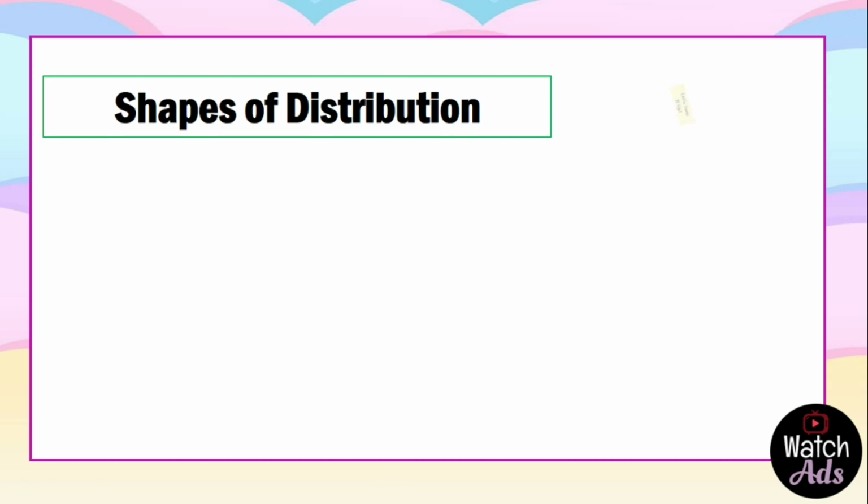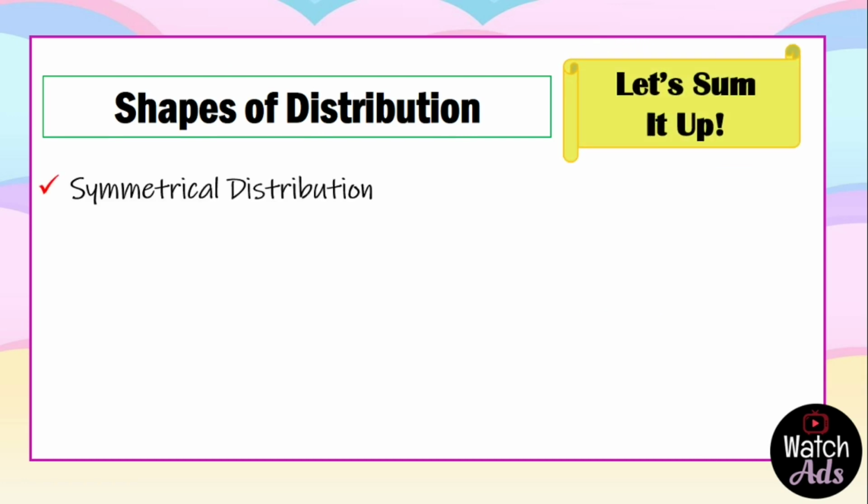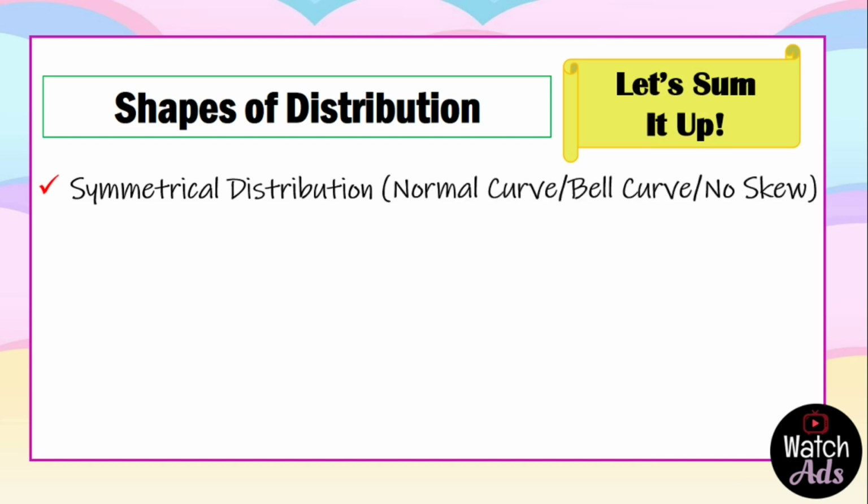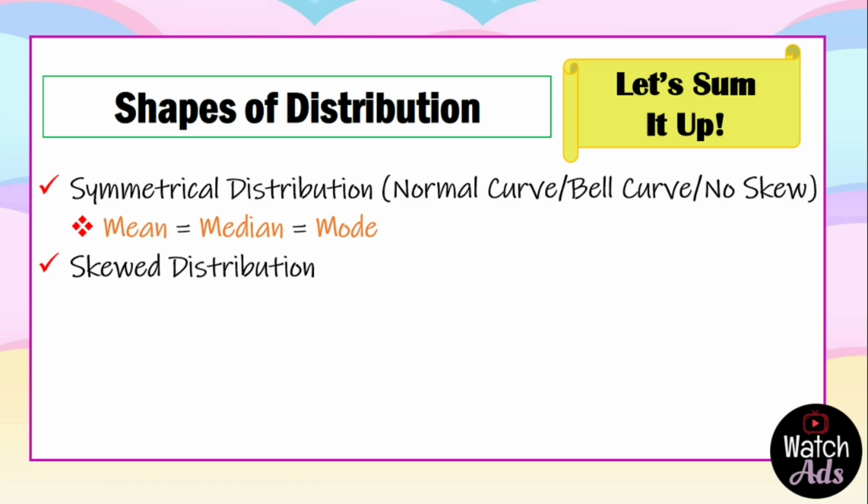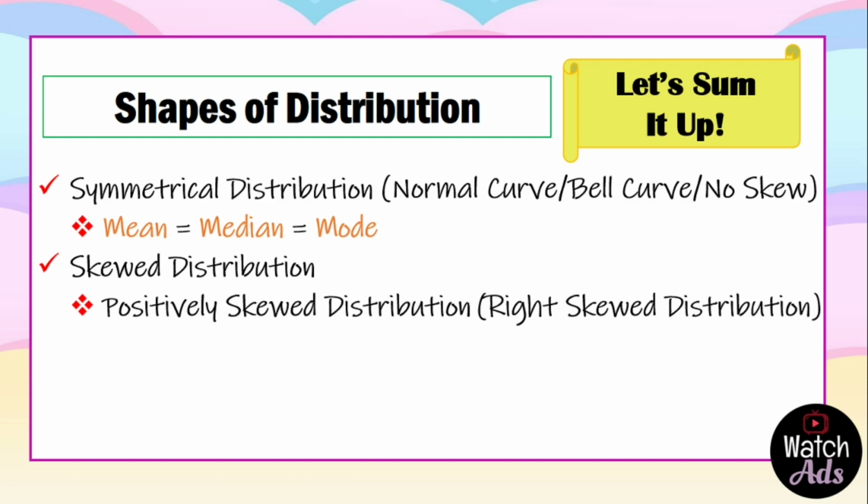Now let's sum it up. Our first shape of distribution is the symmetrical distribution, or a normal curve, a bell curve, or a no skew distribution. We can use any of the three measures of central tendency: mean, median, and mode. For skewed distributions, we have the positively skewed distribution, which is also called right skewed, and we should use the median as a measure of central tendency.